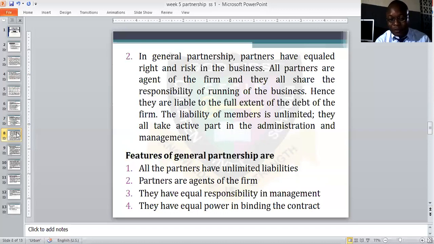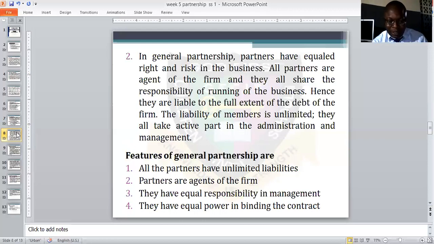The liability of the partner is unlimited. They must take active part in the administration, which the limited partner doesn't have any right to do. Under general partnership, the general partner must take part in the administration and management of the business.